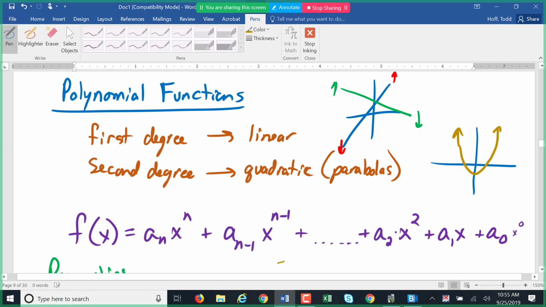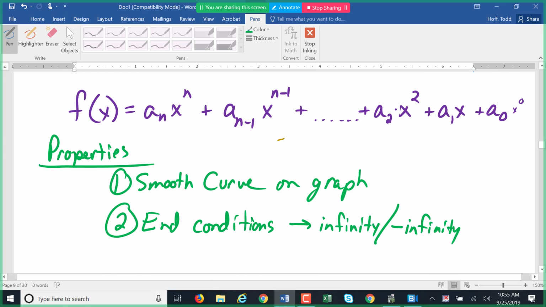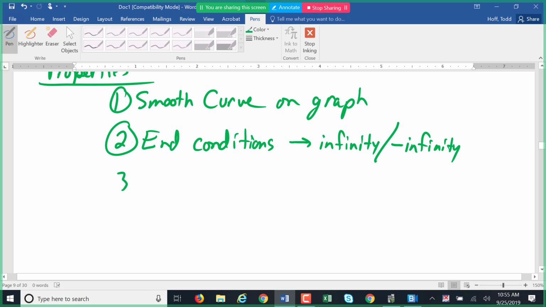If a is negative, it shoots down to negative infinity on both ends. So there's end conditions. Either end of a polynomial graph shoots either up to positive infinity or down to negative infinity. And we'll look at how to determine those. And then there's roots that we're going to talk about. How many roots do they have?